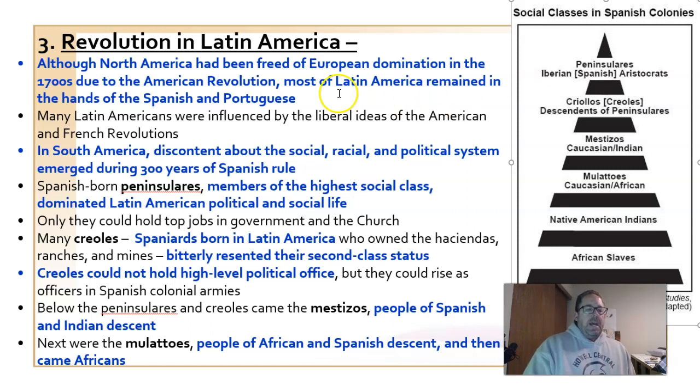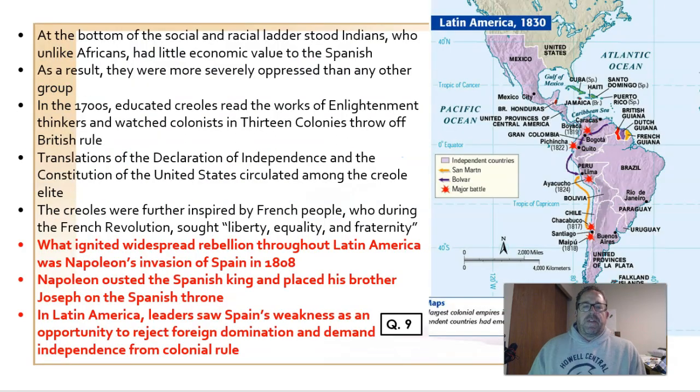And it's going to be the Creoles that lead the liberation movement all throughout, especially through South America. That's going to be the thrust of what we talk about.